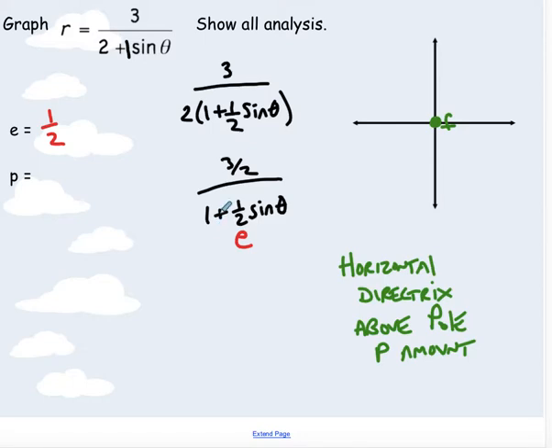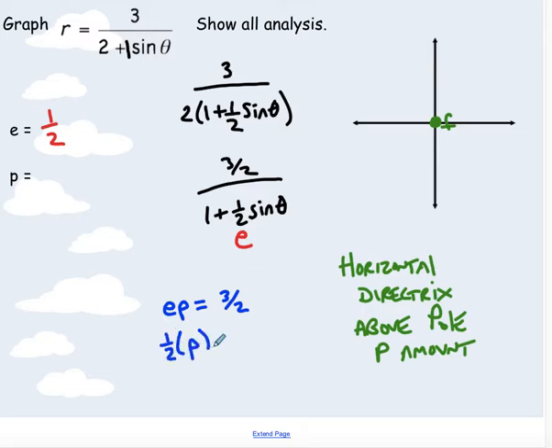Now, that's going to help me with my top, because the top has to be E times P. So, trying to think of how to make this look nice. E times P has to end up equaling 3/2. That's the top of our equation. And I just found out that E is 1/2.